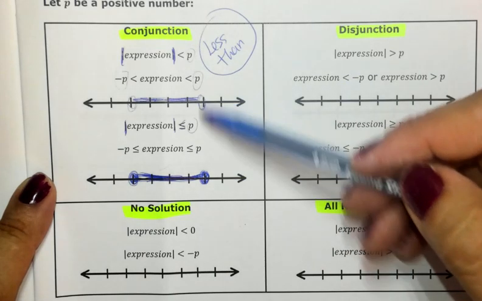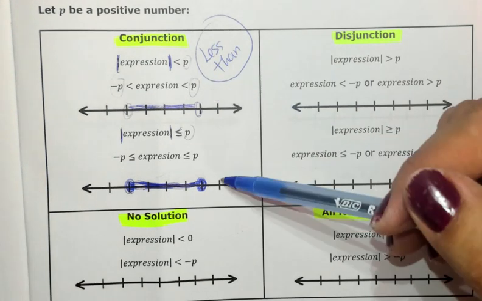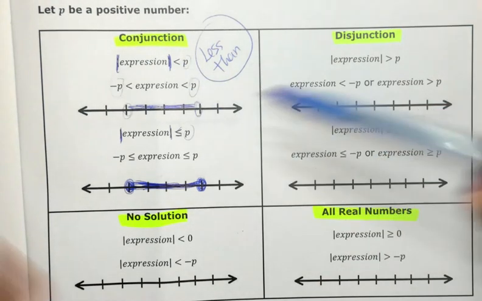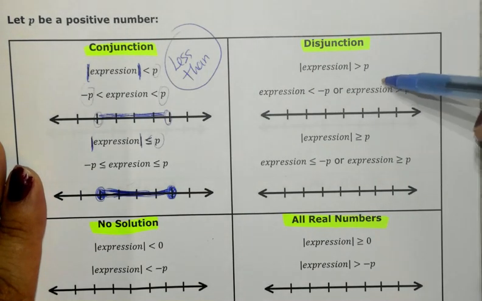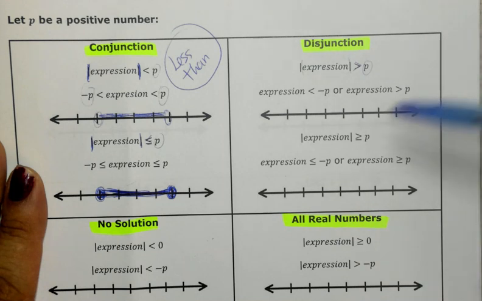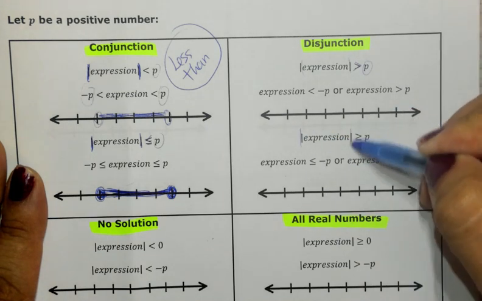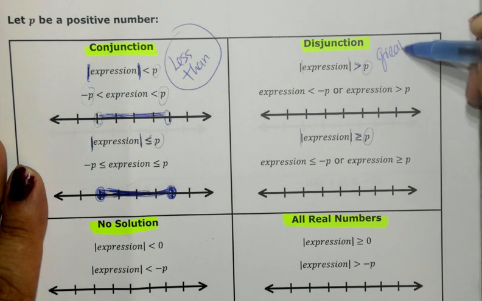So these are the visual representations of what a conjunction is. Whenever you solve an inequality that results in this expression, it'll be a conjunction. On the other hand, if we have an absolute value that is greater than a positive number, or greater than or equal to a positive number, we're going to have a disjunction.